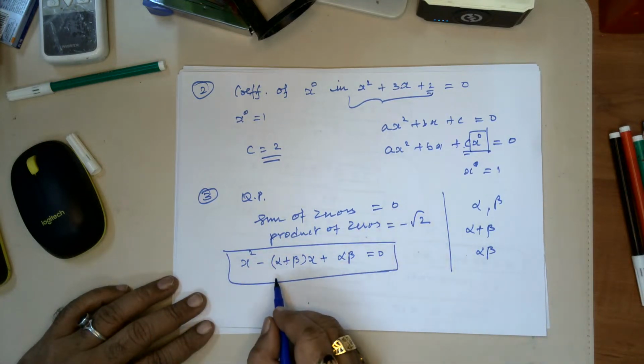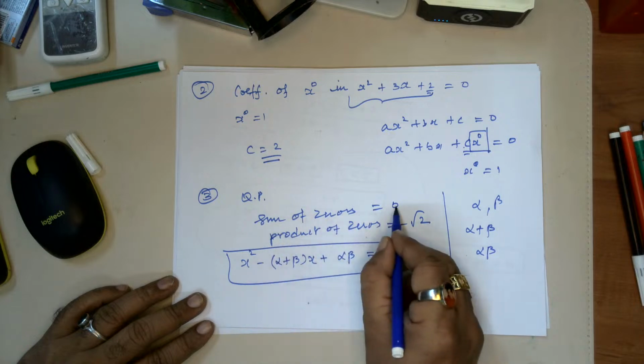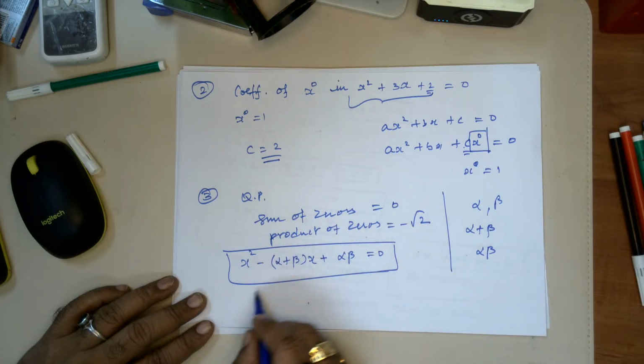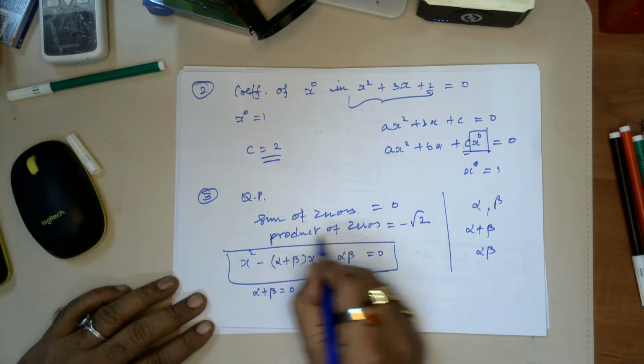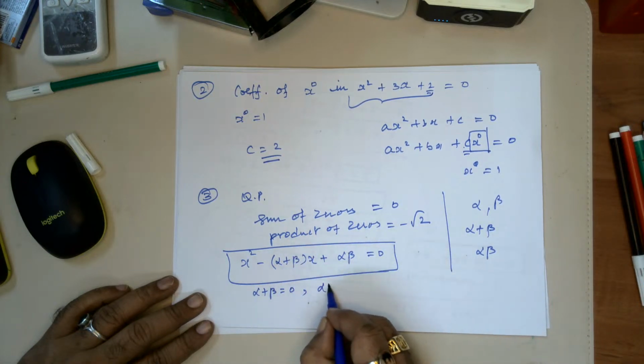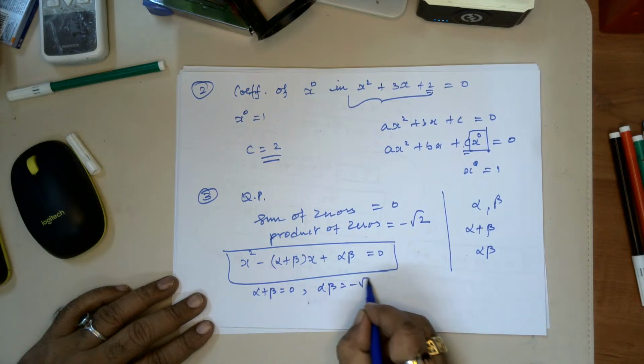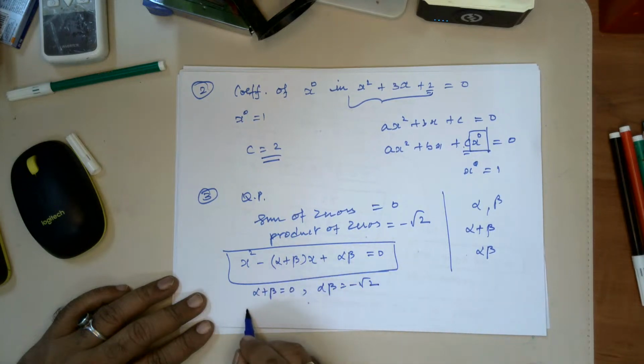Here the sum of zeros is given as 0. So alpha plus beta is equal to 0, and the product of zeros, that is alpha beta, is equal to minus root 2. So we can substitute here.